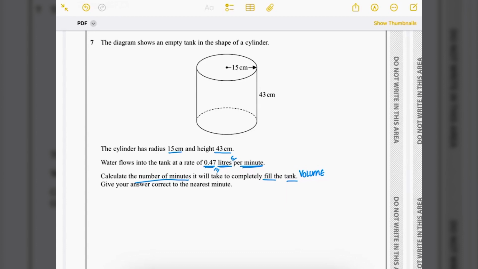So let's start off with that piece of information. The volume of a prism, and a cylinder is a prism, is the area of the face times the length. So this is my face over here, which is a circle. So it's the area of this times my length over there.